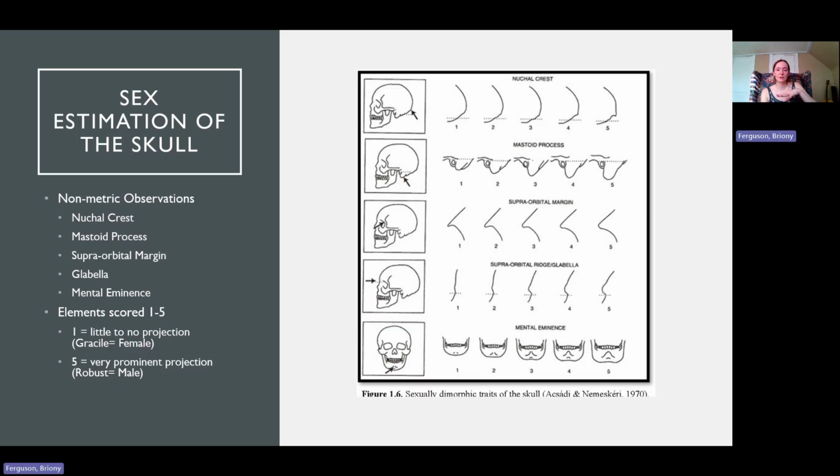Now, it is really important to note, it's very incredibly rare that any one person is going to be all ones or all fives. This is because we have a lot of variation. So the chances are that any remains that you look at are going to be a combination of them. Now, it's going to be very unusual if you're bouncing all across the board here.